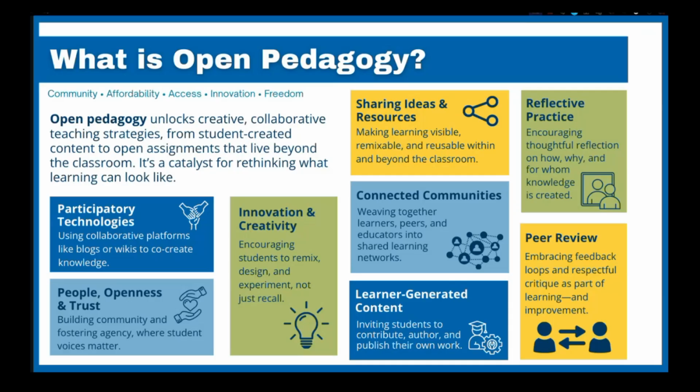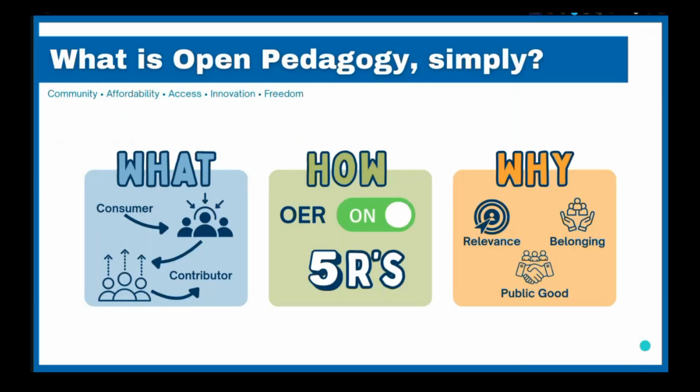Really, open pedagogy can be and is a lot of things, but here's the most simple way to look at it. So the what: students shift from consumer to contributor by making something useful for an audience, or a real audience. How? OER and the 5 Rs permit us to retain, reuse, revise, remix, redistribute.